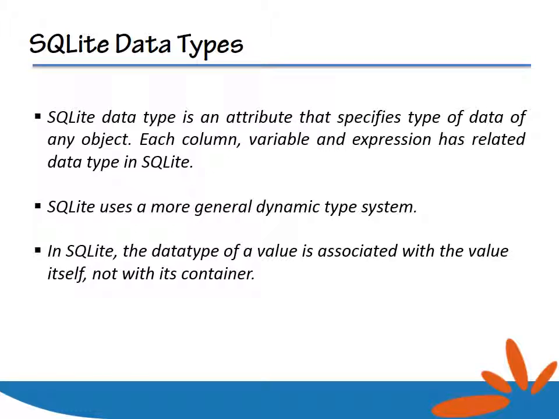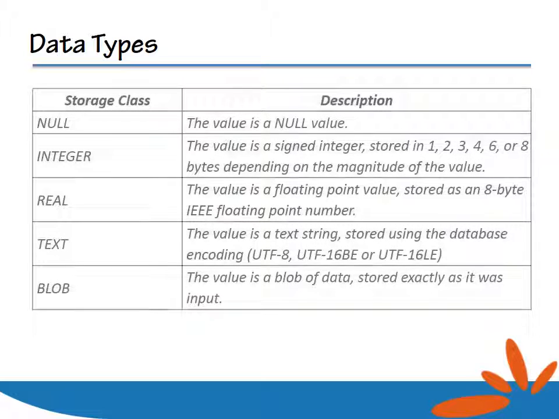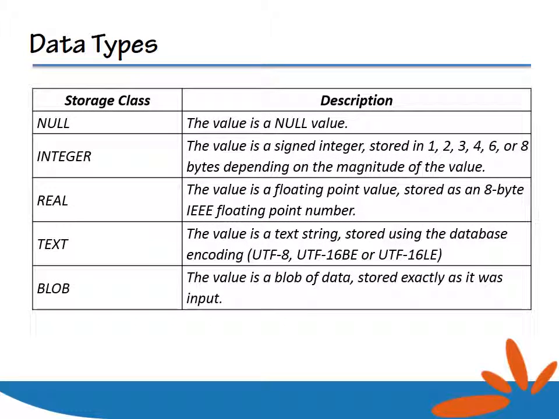For example, in storage classes, our first is NULL. The description is the value is a NULL value. The next one is INTEGER. The value is a signed integer stored in 1, 2, 3, 4 going to 8 bytes. The next one is REAL.